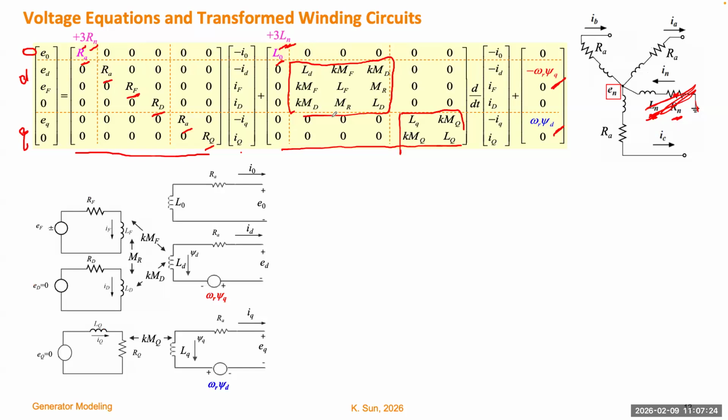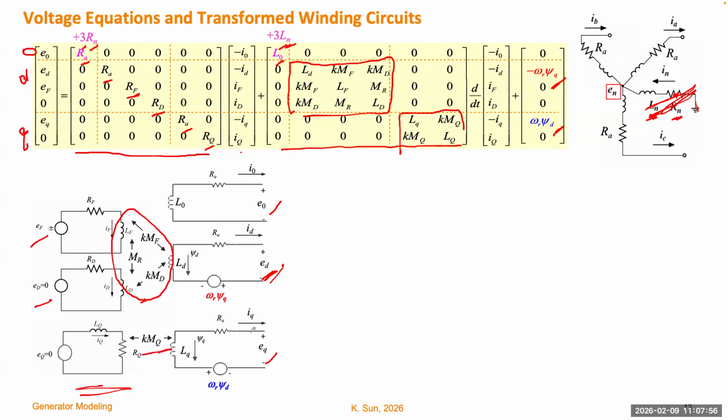Okay, let's go ahead and draw the new equivalent circuit. This is the new equivalent circuit. On the rotor side, that's the same, right? It doesn't change. But on the stator side, we have 3 new circuits: 1 for 0, 1 for D, and 1 for Q. And the coupling only happens within each axis, right? This is D. So the coupling is only between the stator D axis winding, the field winding, and the D axis damper winding.